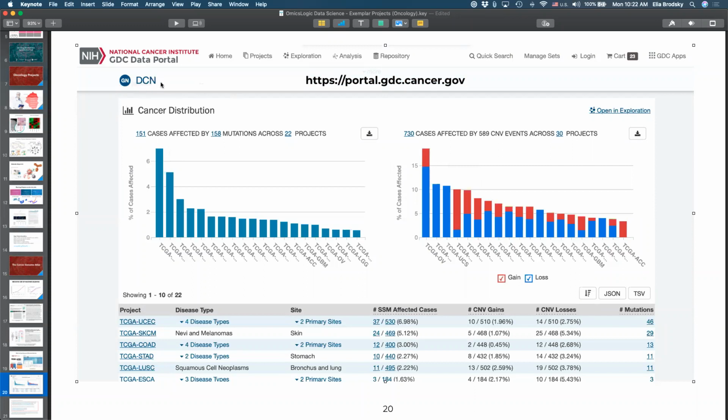DCN, as you know, is a gene. So I can look by gene and see which type of cancer and copy number variation of this gene, where is it playing a role, right? So a lot of different uses of this type of study.